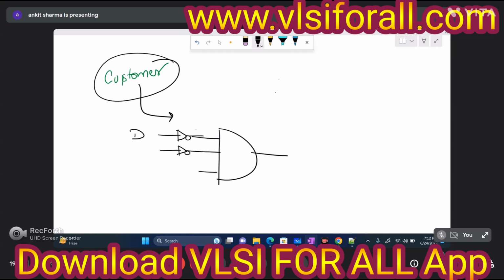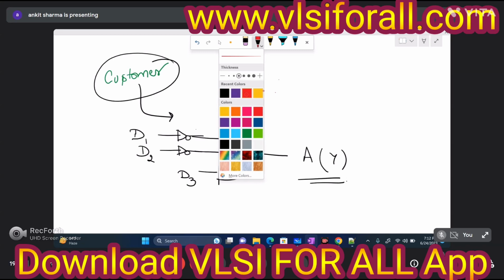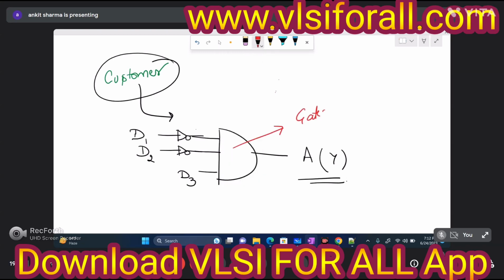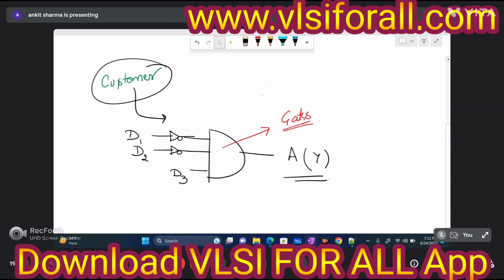So when D1, D2 off, but D3 on, then you should give an alarm. That means Y. So it could be a circuit. So finally, we have this circuit in the form of gates.